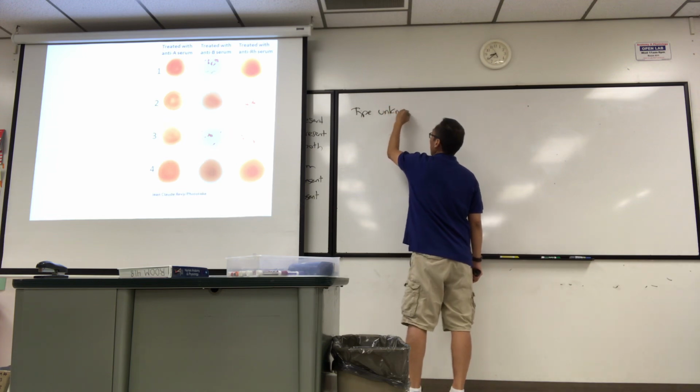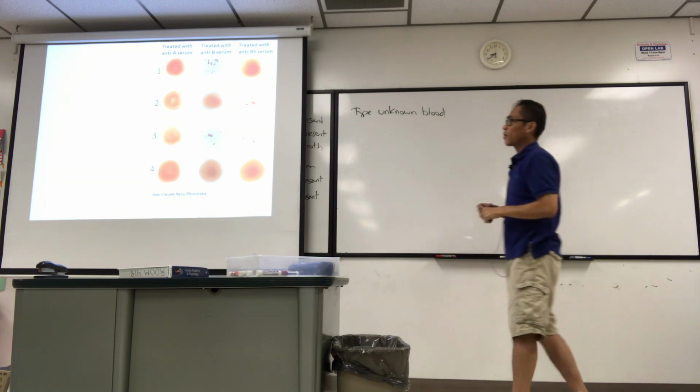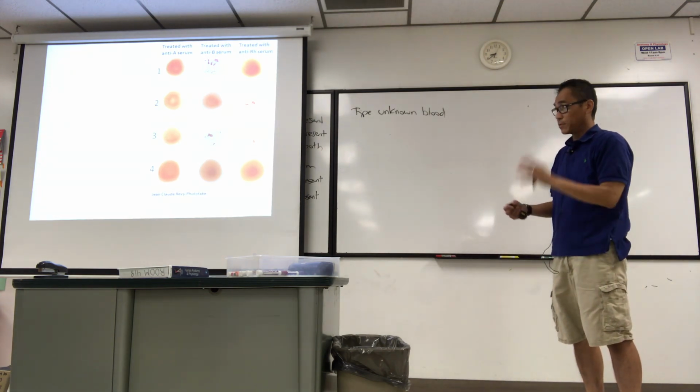Unknown blood. Person comes in and you got to figure out what blood type they are because they need blood. You got to give them blood, and you don't know what the blood bank has, and so type them to figure it out.